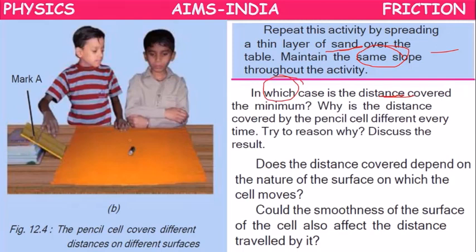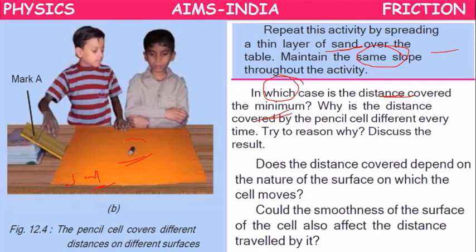In the sand, when we have rolled the pencil cell with sand on the table, at that time the distance will be minimum. Why? Because the sand surface will be somewhat rough. Whereas when you have used cloth, the cloth will be smooth, so it might have rolled for a longer distance.